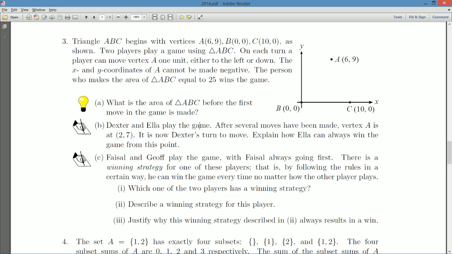So, who would win between Faisal and Jeff? Well, it looks like, just based on our preliminary work with Dexter and Ella in the previous game, you can always move left or down until you hit that y-axis.